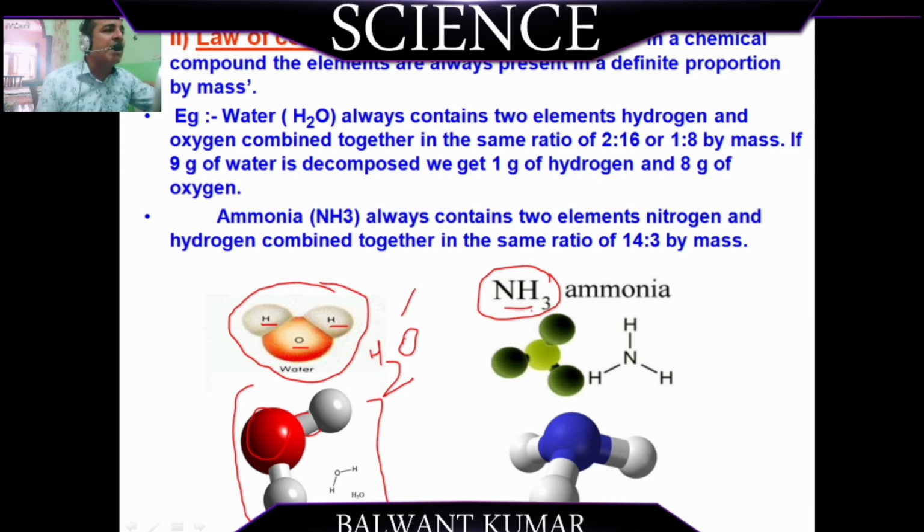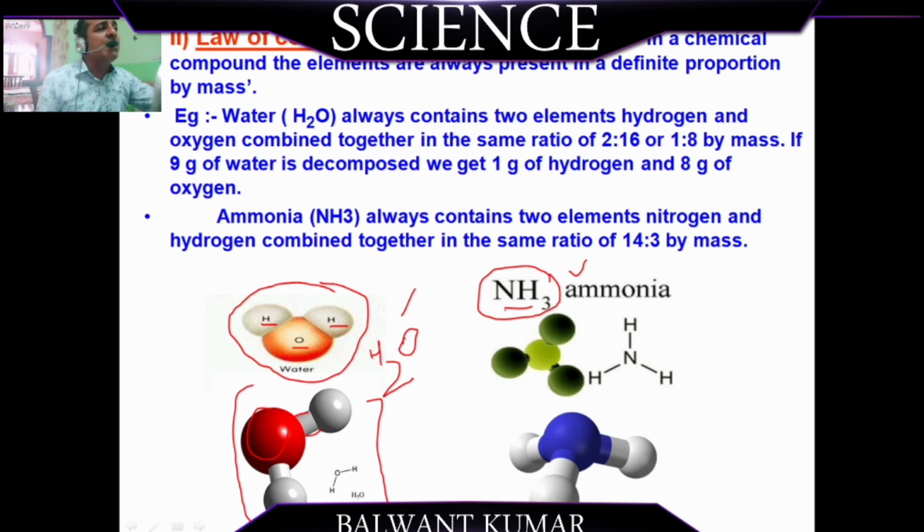And if we talk of ammonia, ammonia is a gas which is released in the marshy areas, where decomposition is taking place, resulting in formation of ammonia. Ammonia is a main constituent of human urine too.